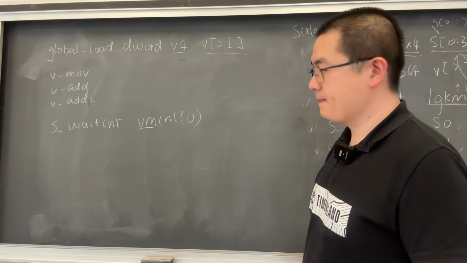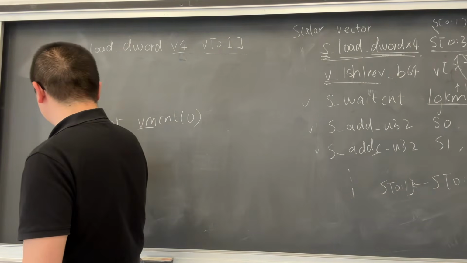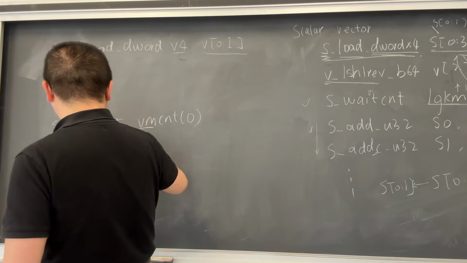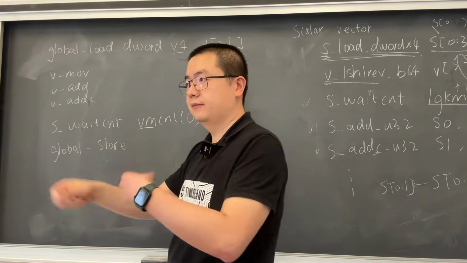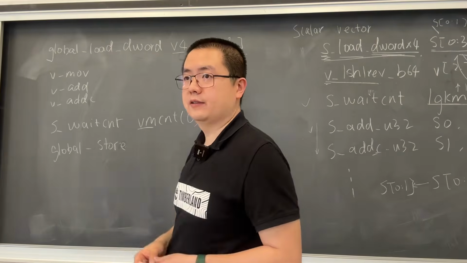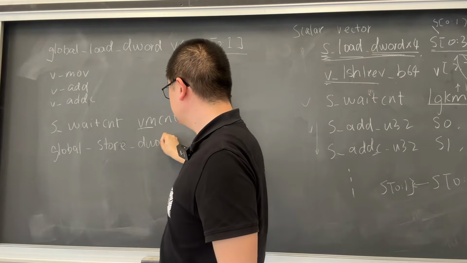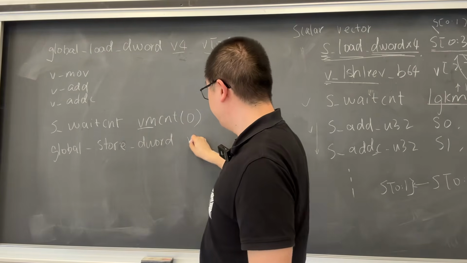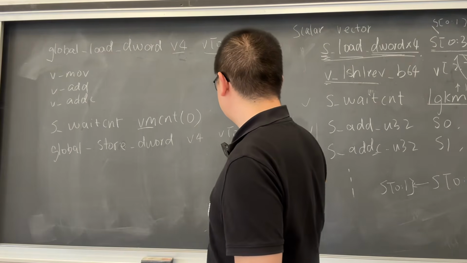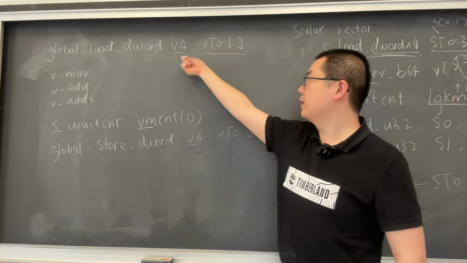Then we don't need to do any more calculation. Eventually, we do a global store. Remember, this is a simple, data movement kernel, right? So we can do global store dword, v4, and v0 and 1. v0, 1 stores the new address, the destination address, and v4 is from here.